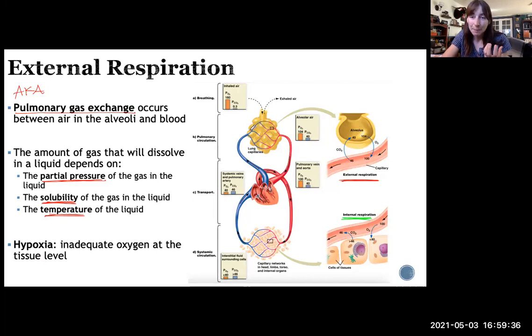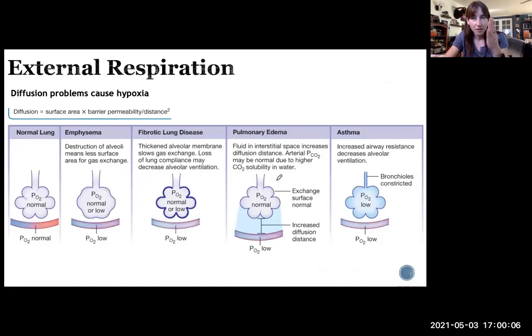And at the same time, the concentration of carbon dioxide is going to be higher in that deoxygenated blood, right? Because it's carrying waste products. It'll be high there and relatively low in the alveolus. So carbon dioxide will leave the blood and go into the alveolus. And as that blood travels through, it drops carbon dioxide and it picks up oxygen and it becomes nice, fresh, oxygenated blood and travels back to the heart to be distributed throughout the body. Okay, so physics, this is how this happens.